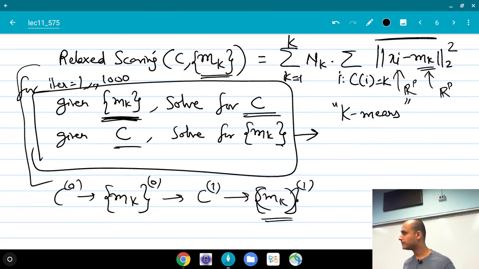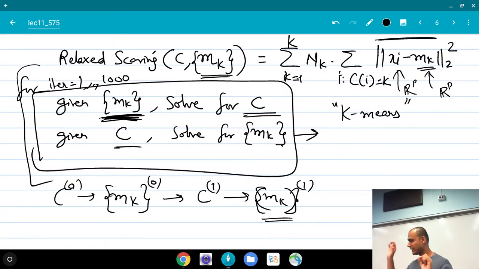Let's say I'm starting with M_K, and I'm making 3 clusters. K is fixed in this whole thing, so you start with 3 random vectors. There's nothing complicated going on. If you have M_Ks, then all you need to do is, out of each of my n points, pick the first point. Which of the 3 M_Ks is it closest to? If it's closest to M1, the cluster assignment for the first point is 1.